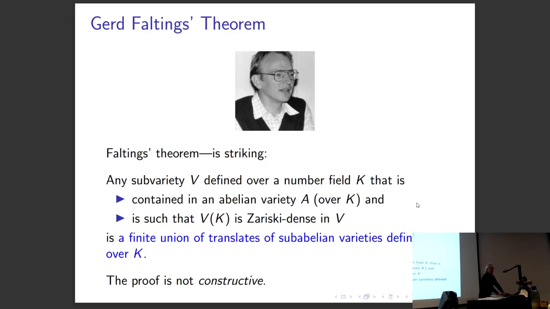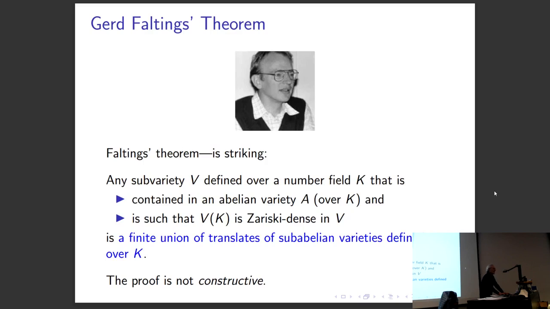But one thing I didn't mention in lecture 1 was the further development of the Mordell-Weil theorem. I talked a lot about Mordell-Weil, but there's Faltings' version of the Mordell-Weil theorem, and it's really striking.